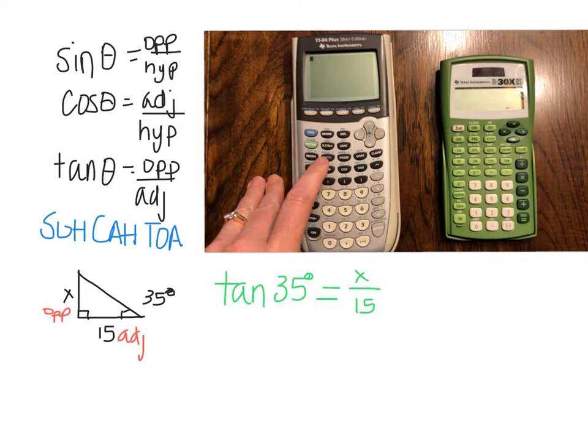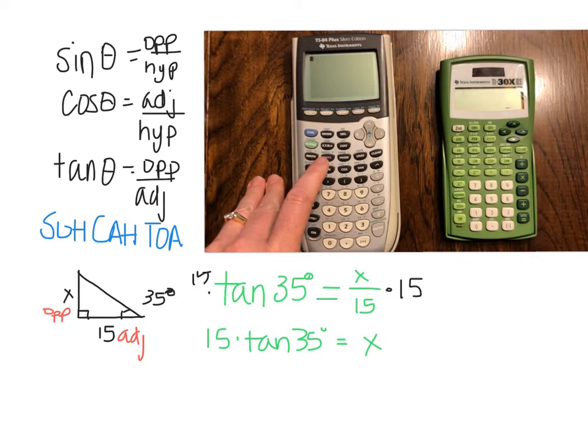Now, if I want to figure out what x equals, I need to undo the 15 from both sides. So I'm going to multiply both sides by 15. So what it looks like is 15 times the tangent of 35 degrees, that's the angle, equals x.